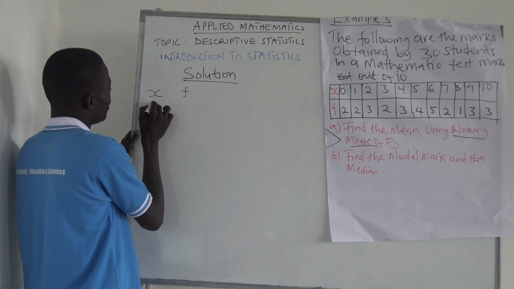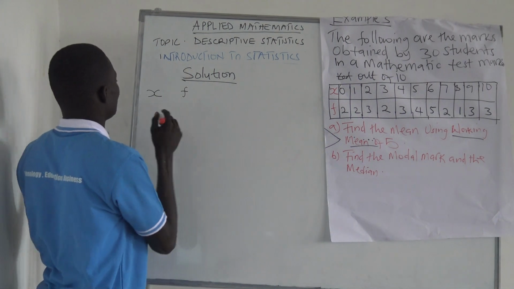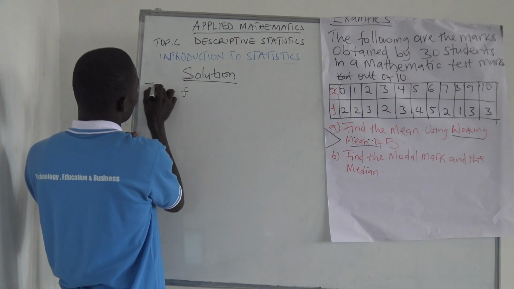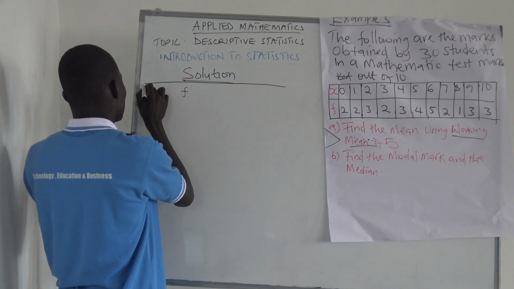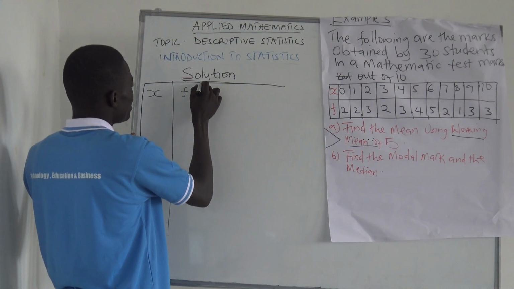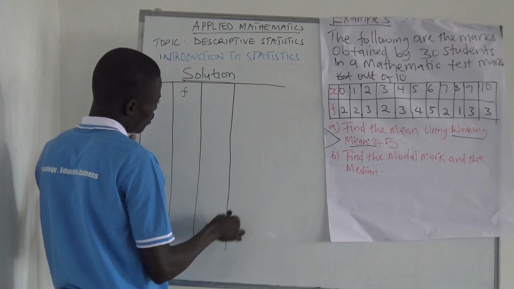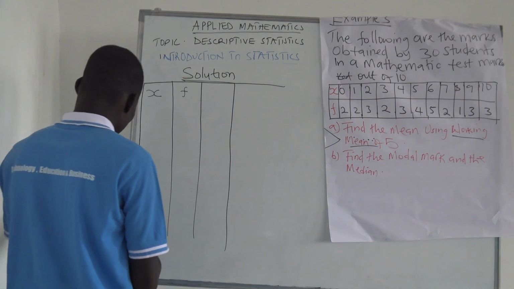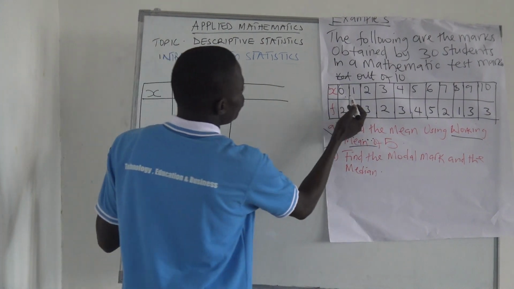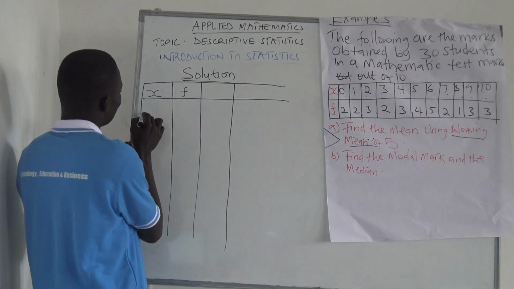For the value of x we have 1, 2, 3, 4, 5, 6, 7, 8, 9, 10, 11. So we must have 11 columns.